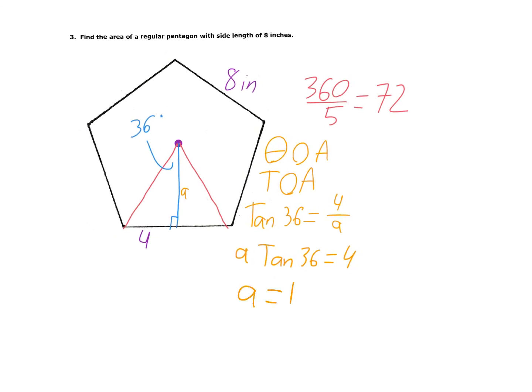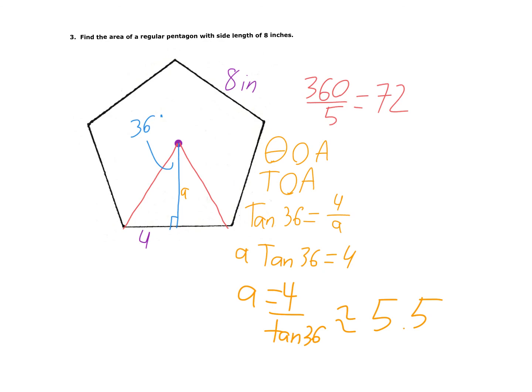So A is equal to 4 divided by the tangent of 36, which will give us approximately 5.5 as our apothem. If we take it out a few more decimal places, it's 5.505, etc. But since we're rounding, I'm going to round to the nearest tenth to keep things nice and clean.